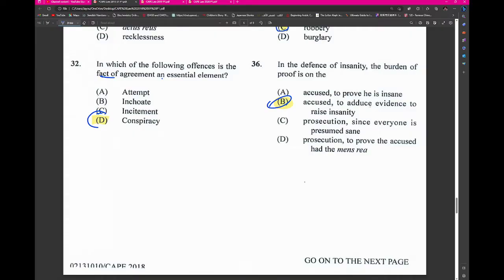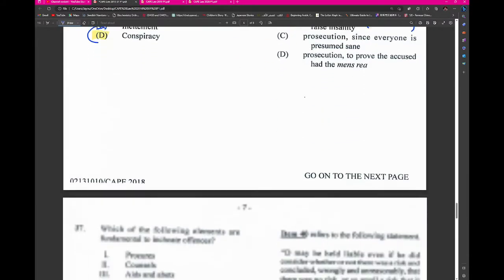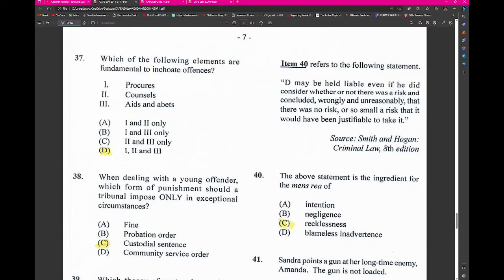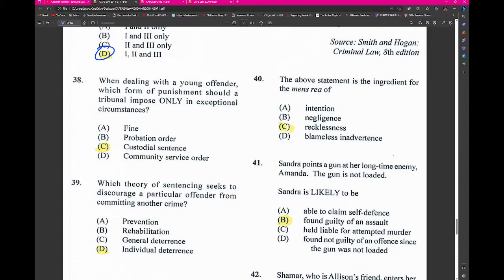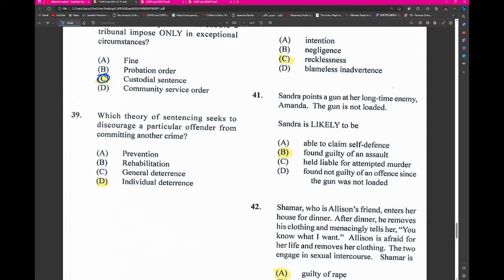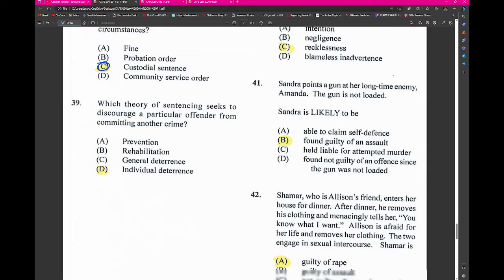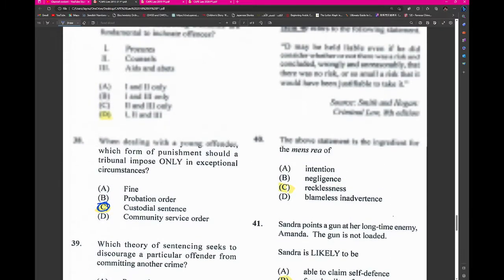So it must be following the M'Naghten rules. Which of the following elements are fundamental in inchoate crimes? All of them. When dealing with a young offender, I think it would be custodial. Which of the following sentences seek to discourage a particular offender from committing another crime? This would be individual deterrence.